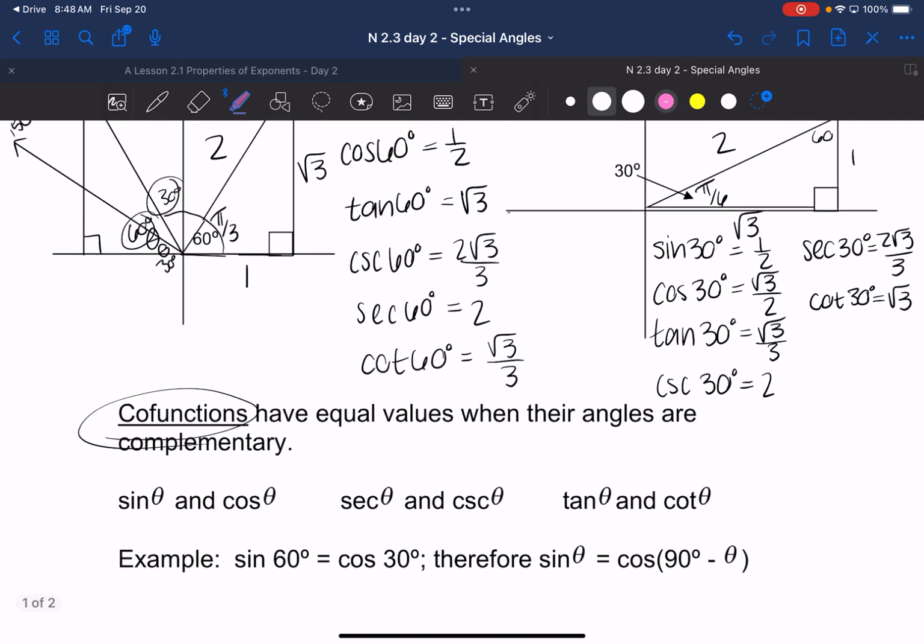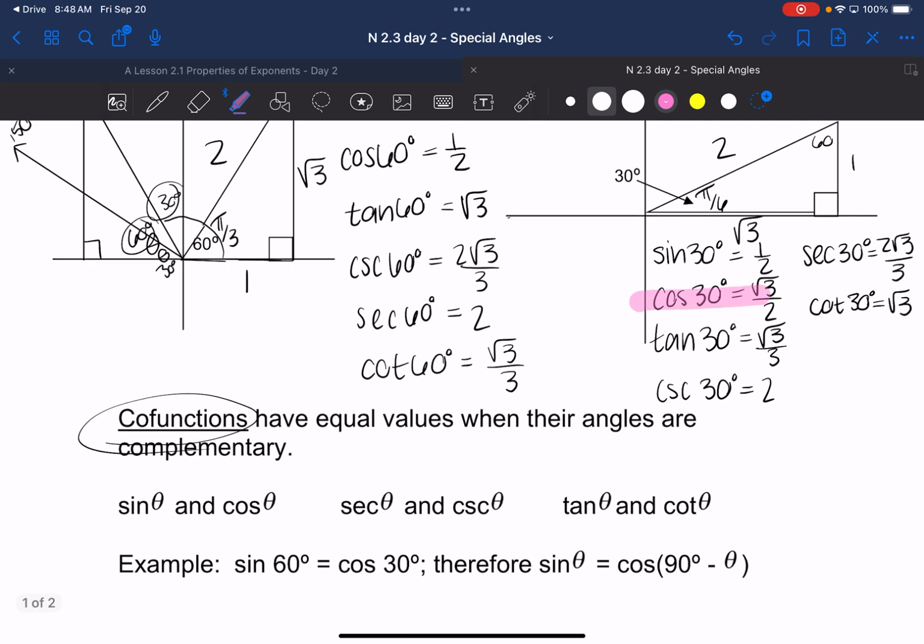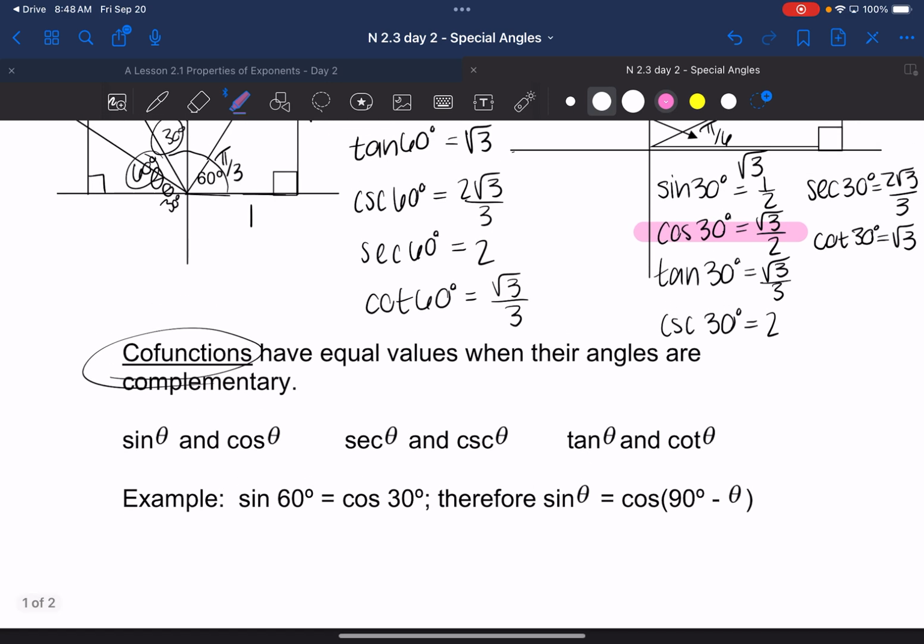Is equal to cosine of 30. Well, we found cosine of 30 here. It is, in fact, the same thing, square root of 3 over 2. So those ratios are the same because these are complementary, okay? So therefore, sine of theta is equal to cosine of 90 minus theta. So they're going to be reciprocals of each other, okay?